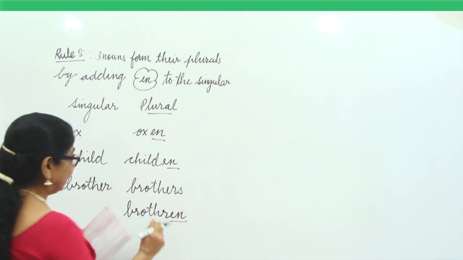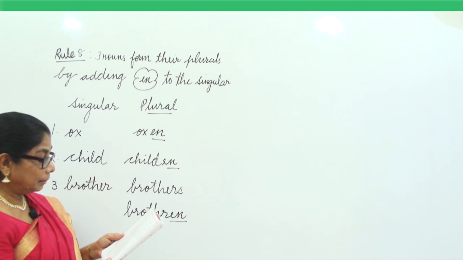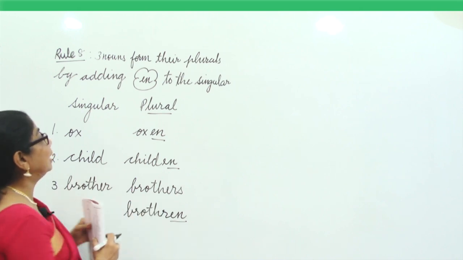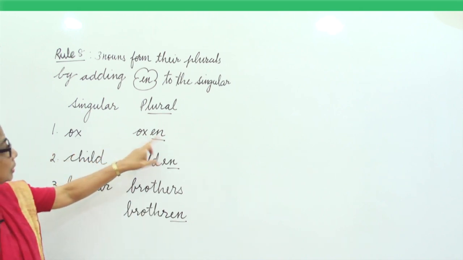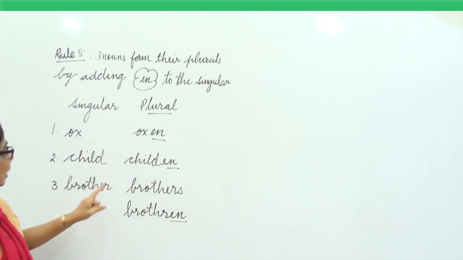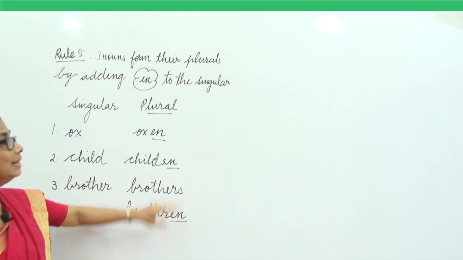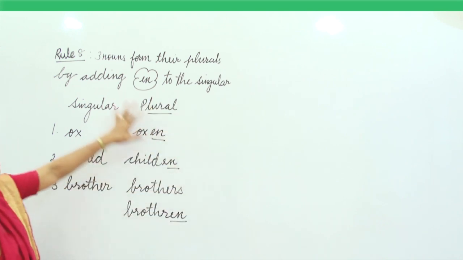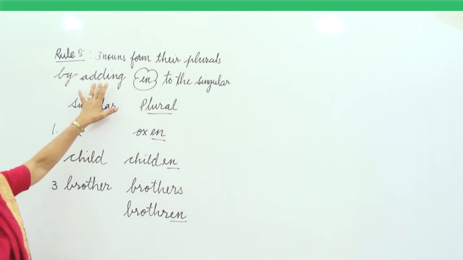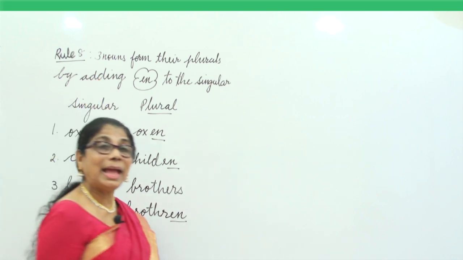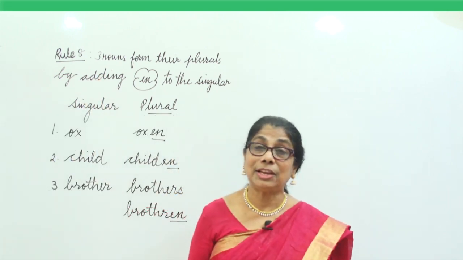Okay? No E here. Brothers, brethren. Now, ox, oxen, child, children, brother, brothers or brethren. These are the only three nouns that form the plural by adding en to the singular form.